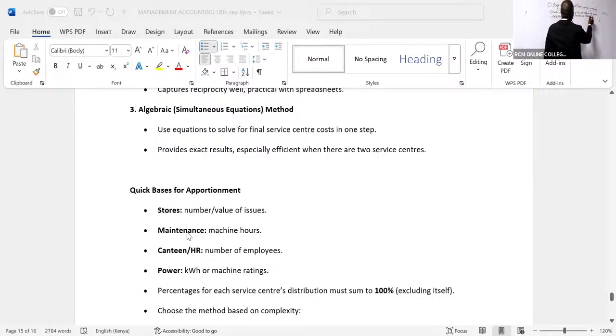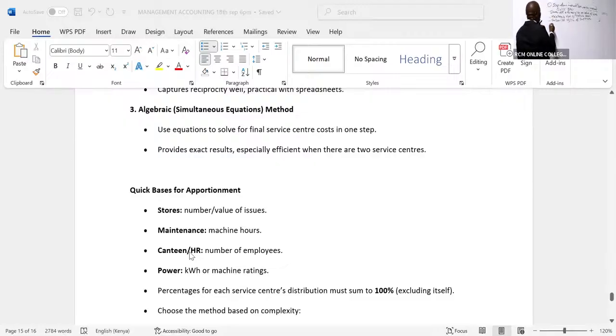How long have we taken on your machines? And then we use that as the criteria. Then we have canteen or HR costs. All these are support departments. For these ones you use number of employees.